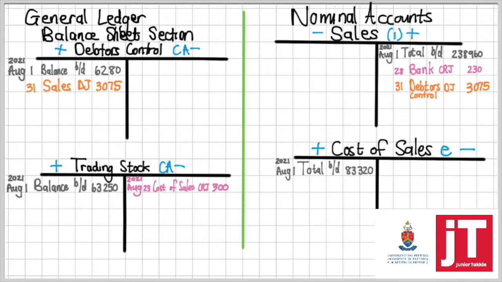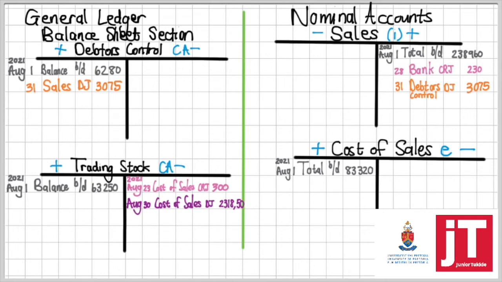Now in the trading stock account we have to record the cost of sales for the 23rd, in other words the cash sales transaction, and then lastly we will record the credit sales, the total of the debtors journal cost of sales column.